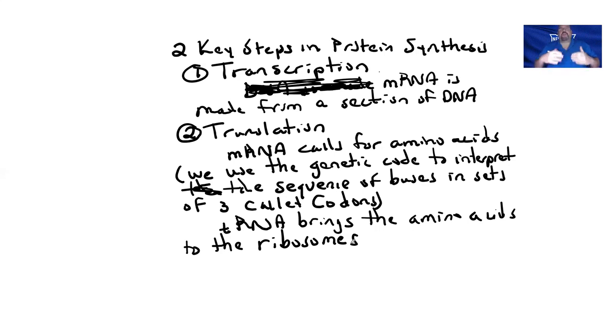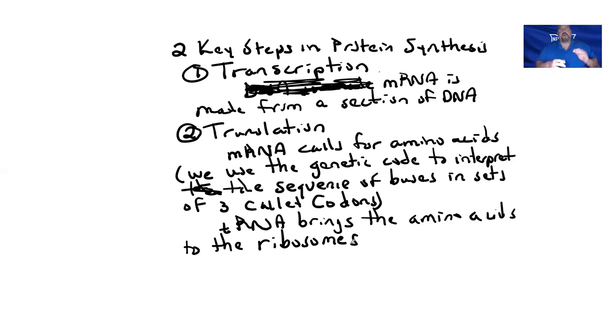But how does the messenger RNA call for the amino acids? Essentially, the bases found in the messenger RNA, because remember, just like DNA, they're made up of nucleotides. So you're still going to have phosphate, sugar, and base.